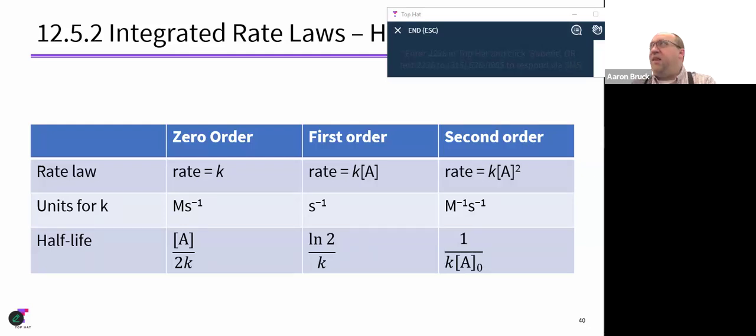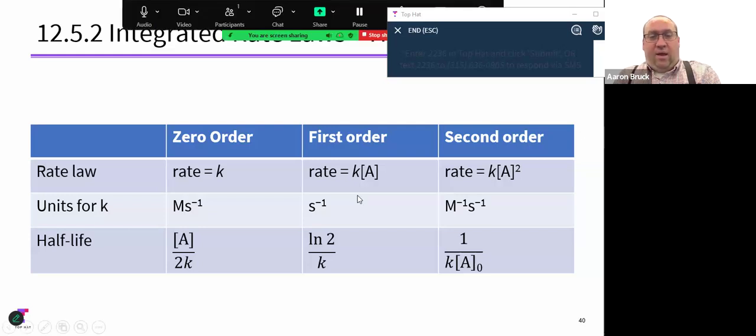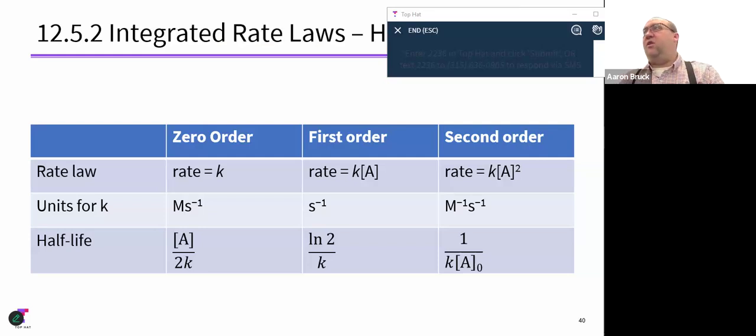But by manipulating that variable and by comparing things justly, we can look at the graphs and determine the order of the reaction based off of that data. And because we have that information, we can also derive information about half-life, get an idea of how long it takes for half of the reaction to go.